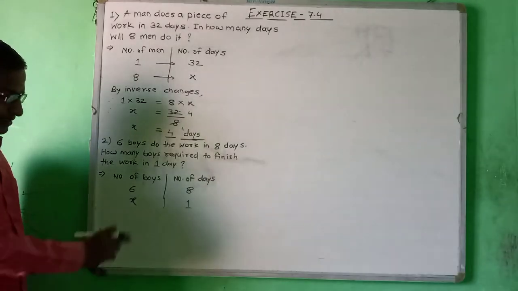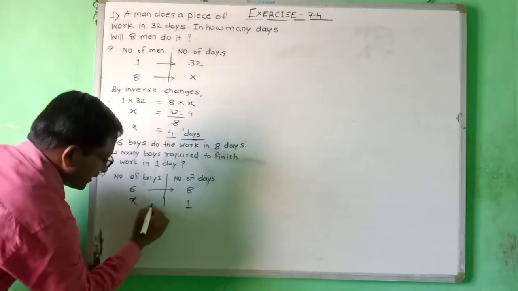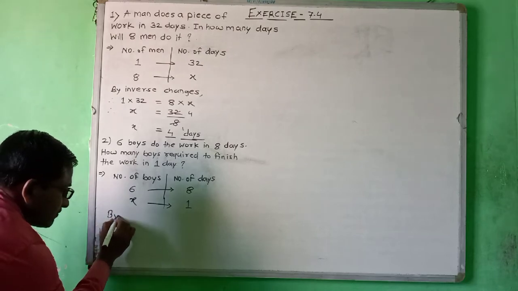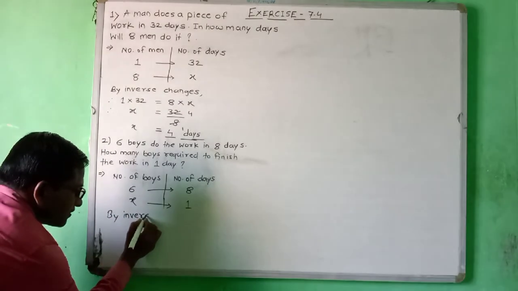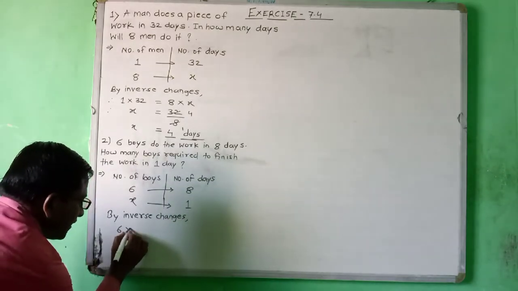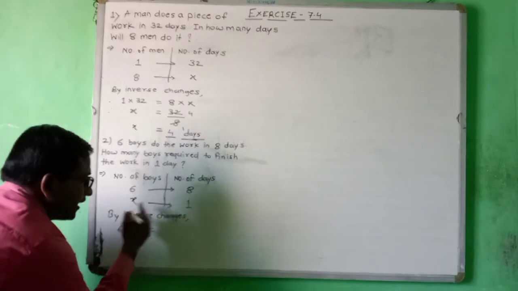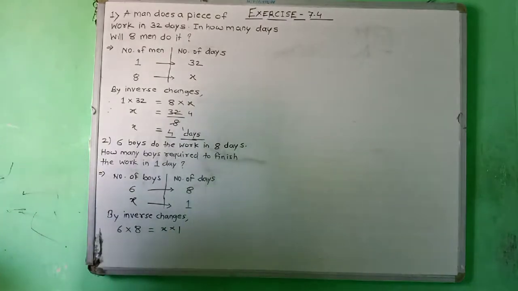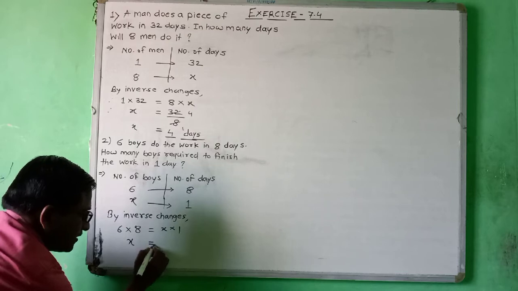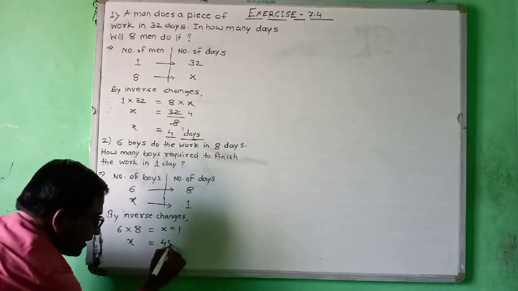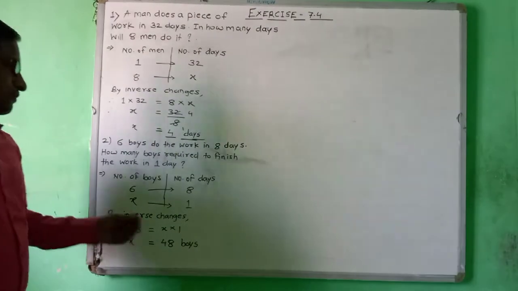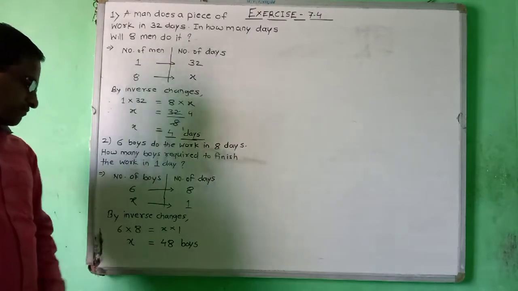By inverse changes, you do the in-front multiplication: 6 multiplied by 8 is equal to x multiplied by 1. x multiplied by 1 is x, and 6 eights are 48. So 48 boys will be required to finish this work in one day.